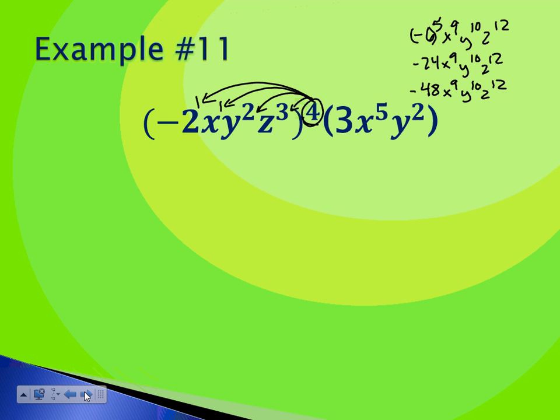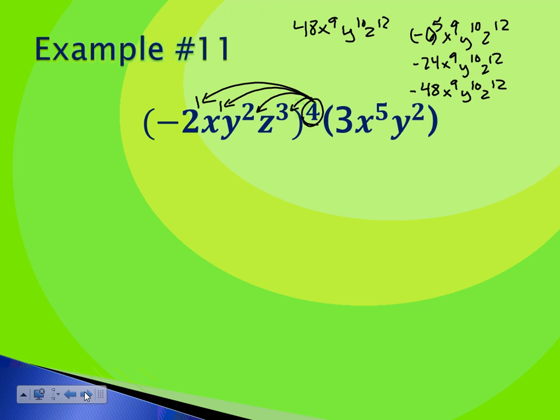Any others? Lindsay? Okay, so we get a +48, x to the 9th, y to the 10th. Anybody like one of those or any of those? You like the second one? So if y'all get that, I'll give both of you a piece. Okay, but we'll see. Let's see who's right.